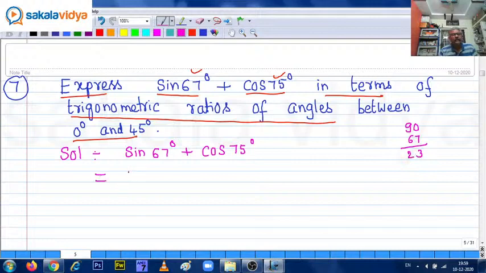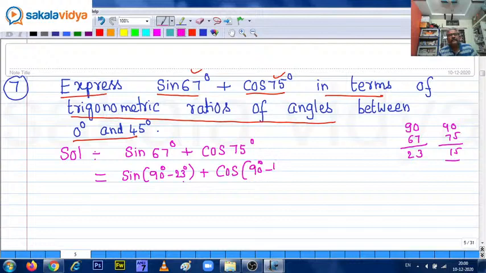So this can be written as sine of 90 minus 23, without changing the ratio. This 23 is between 0 and 45. Similarly 90 minus 75 is 15. So this can be written cos of 90 degrees minus 15.